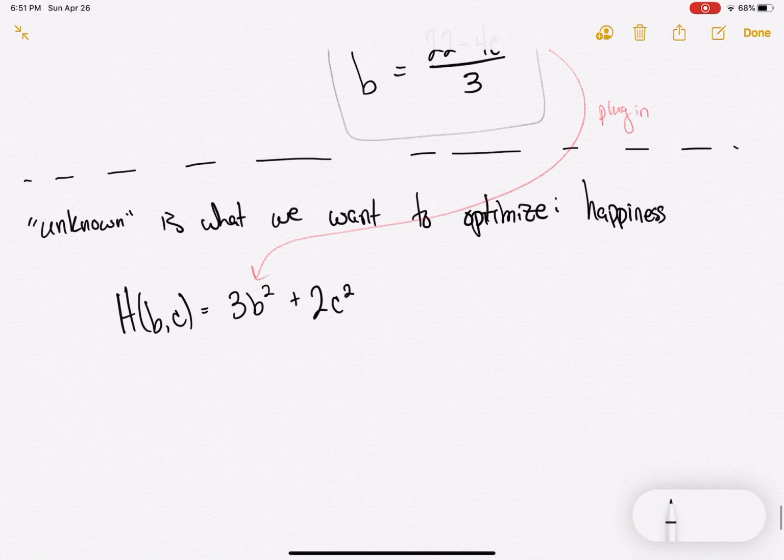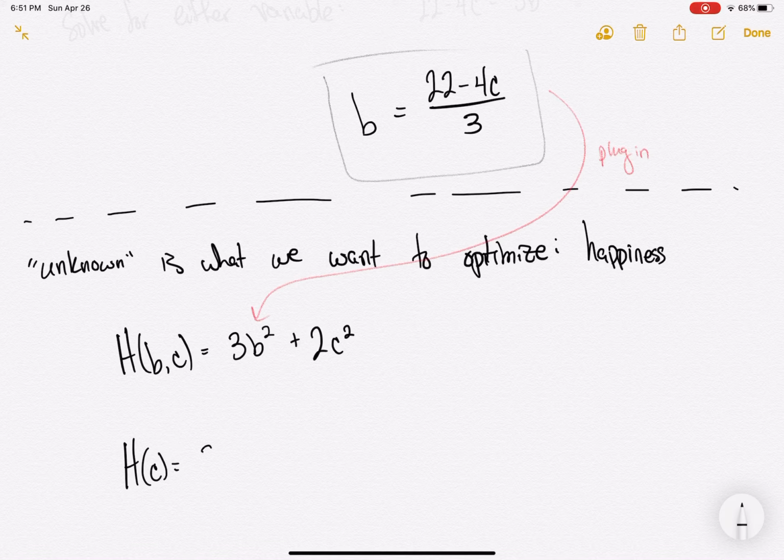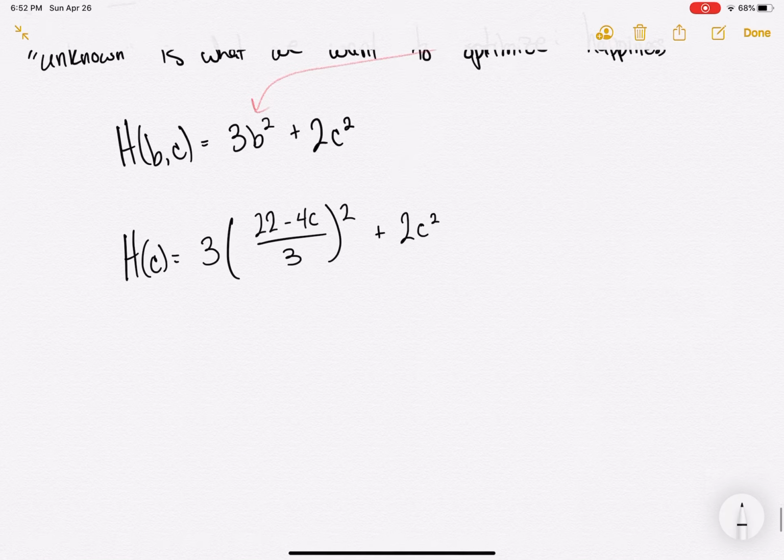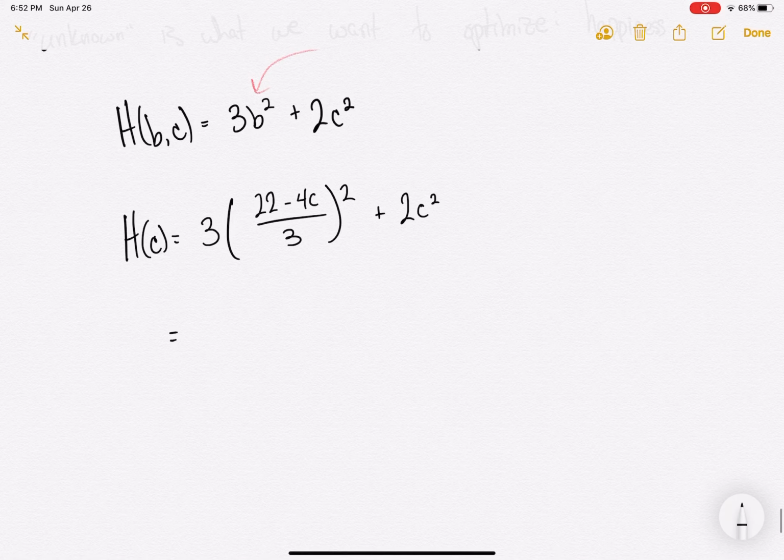So you plug that in for b and you get h dependent only on the number of cubes you buy is ((22 minus 4c) over 3) squared plus 2c squared. Or I can simplify this a bit, and this becomes (22 minus 4c) squared over 9 plus 2c squared.